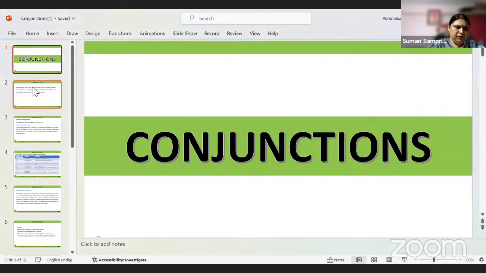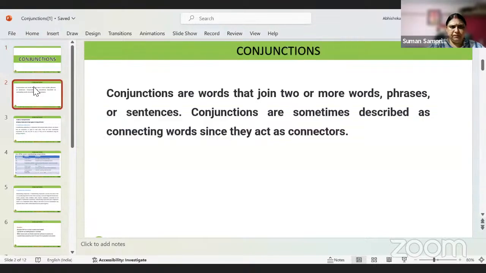What is the definition of conjunction? We will see. So by conjunction here we mean, conjunctions are words that join two or more words, phrases or sentences, right? So like we all know, two or more words we know, phrases also we know.